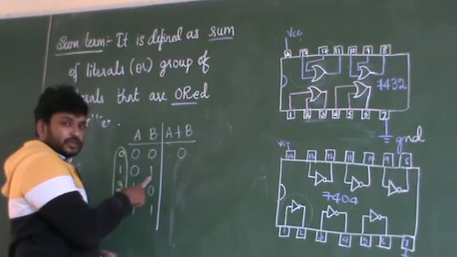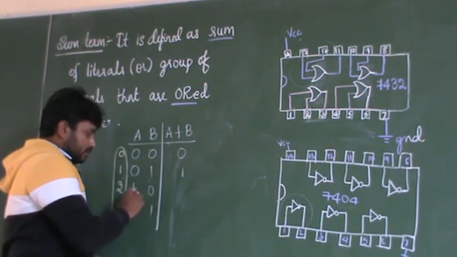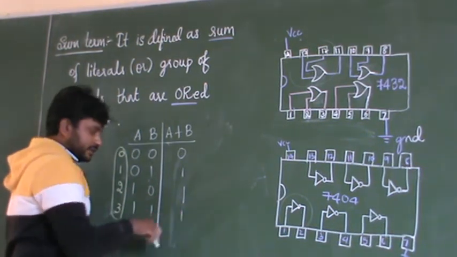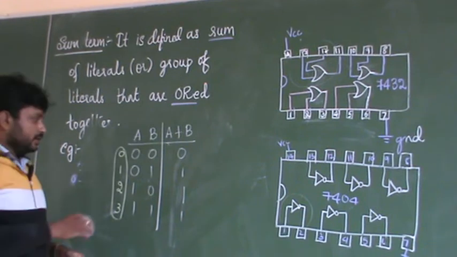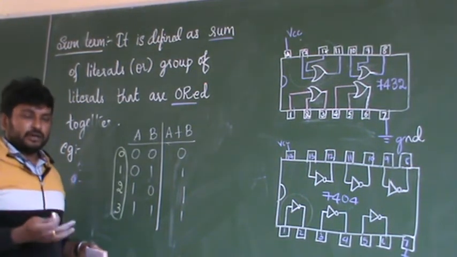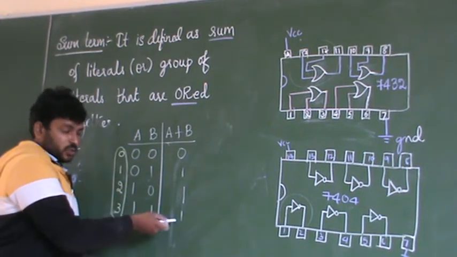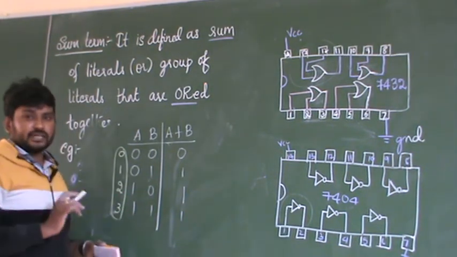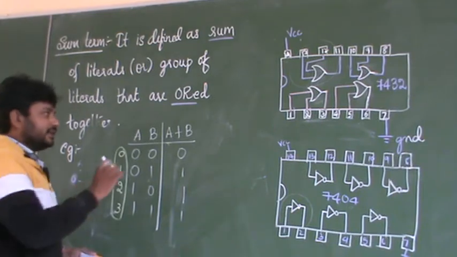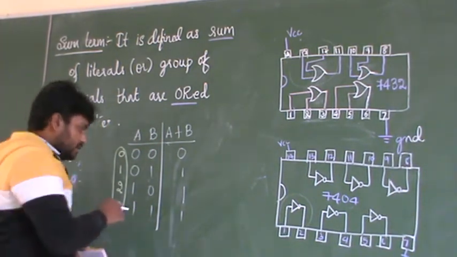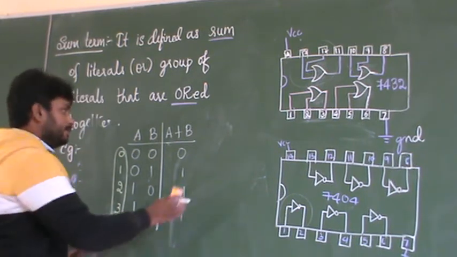Since one input is high, it is 1. One input is high, therefore 1. Both inputs are high, therefore it is 1. One more easy method is 0 plus 1 is 1, 1 plus 0 is 1, 1 plus 1 is also 1. You should not write it as 2, it is 1. Just understand it is an OR operation. If any one of the inputs is 1, the output is 1. Okay, next.